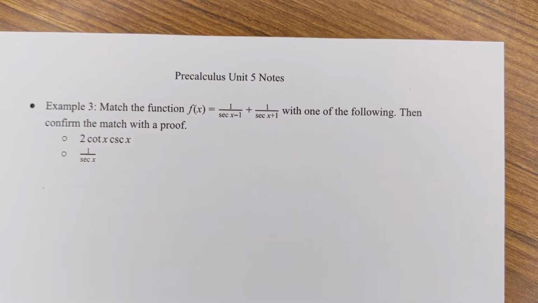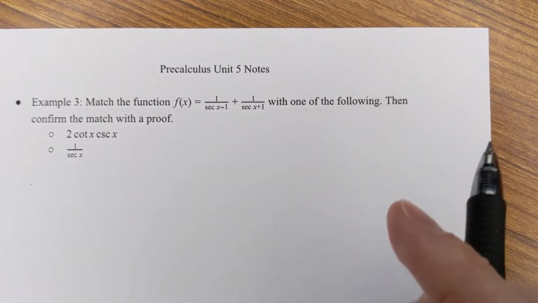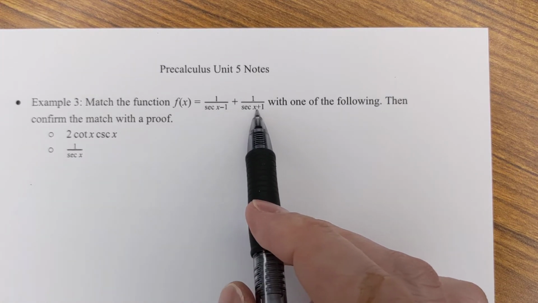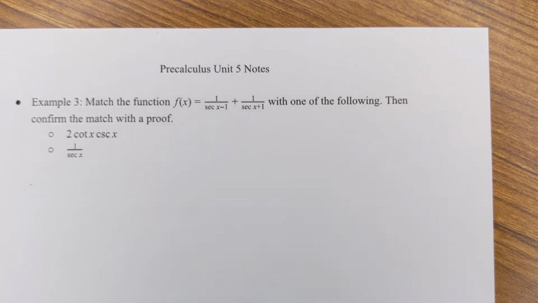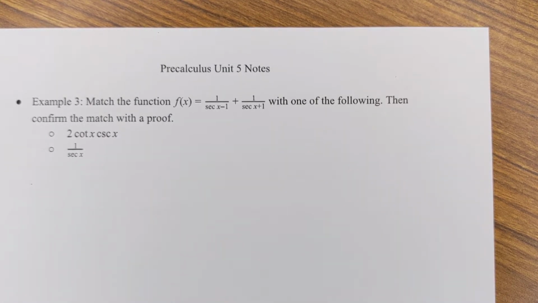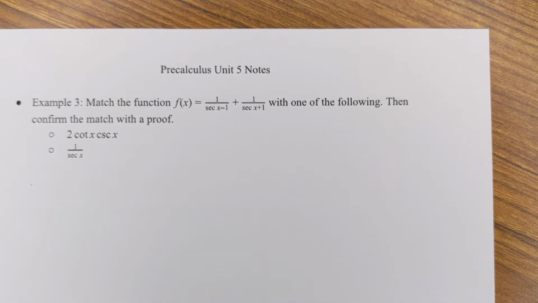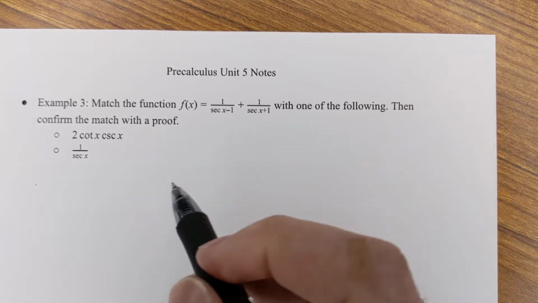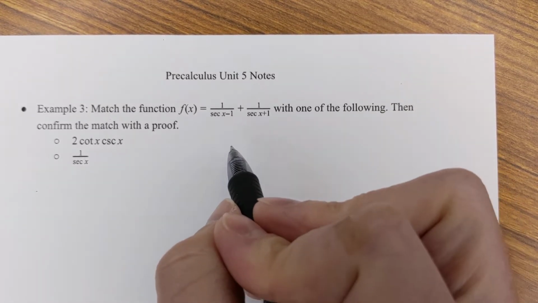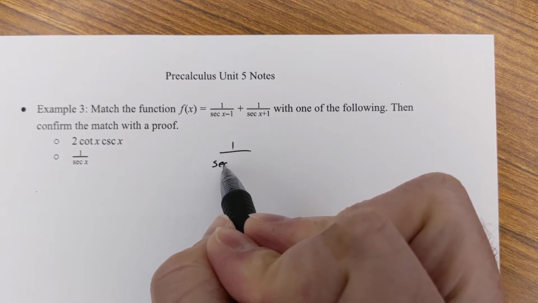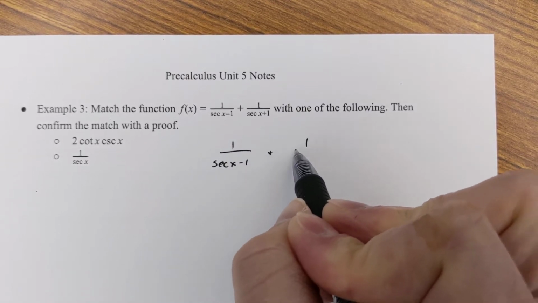All right, let's see here. Match the function 1 over secant x minus 1 plus 1 over secant x plus 1 with one of the following, then confirm the match with the proof. We can look at the graphs mostly to see which one matches, but we'll just work with this.